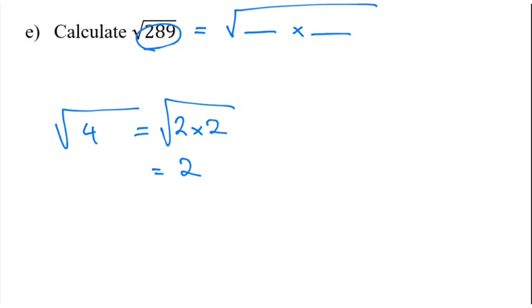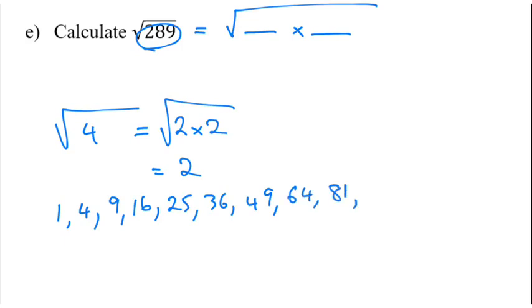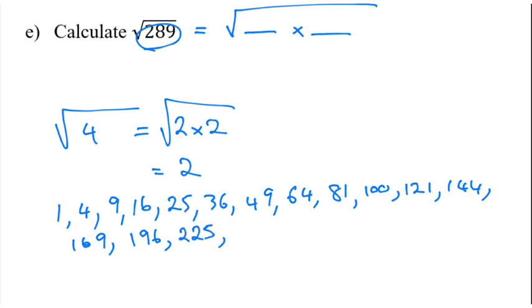This is when we need to know our patterns. 1 squared is 1, 2 squared is 4, 3 squared is 9, 16, 25, 36, 49, 8 squared is 64, 9 squared is 81, 10 squared is 100, 11 squared is 121, 12 squared is 144, 13 squared is 169, 14 squared is 196, 15 squared is 225, 16 squared is 256, so I'm still not quite there. 17 squared is 289.